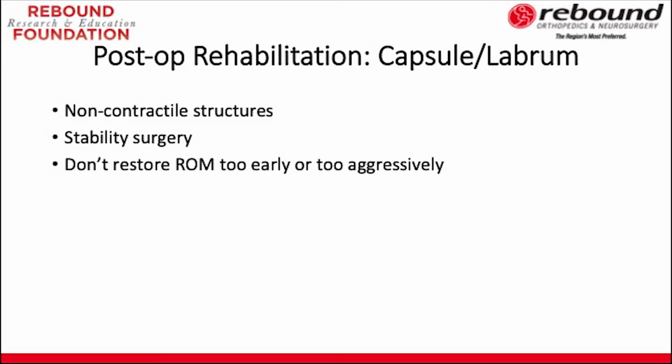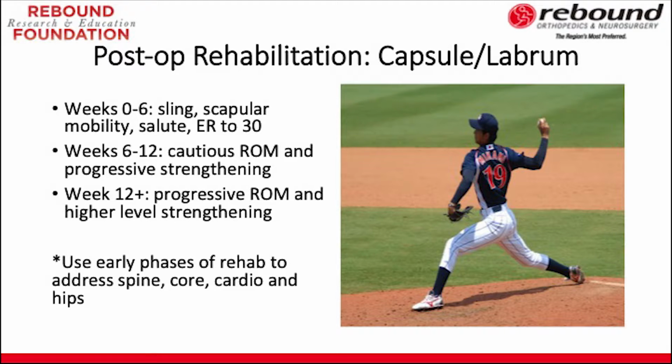In general, when somebody has a capsule or a capsular labral type surgery, they're in a sling for about 6 weeks. A lot of doctors will have them out of a sling sooner than this for this type of surgery. They're typically a little bit more consistent with the sling use with the rotator cuff repairs. But within that 6-week period, starting with just some sort of scapular mobility, within the sling they can be doing scapular retractions, scapular depressions.